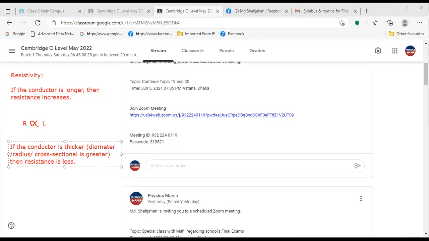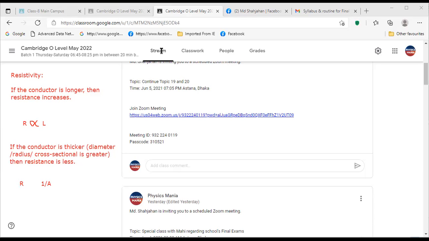That means we can write R, R standing for resistance, and cross-sectional area is A, capital A. So we can write 1 by A, inversely proportional.